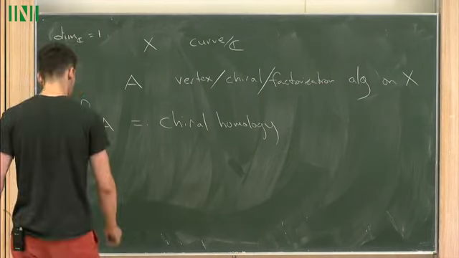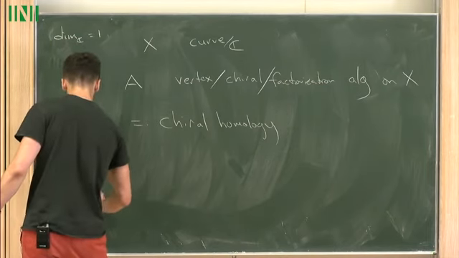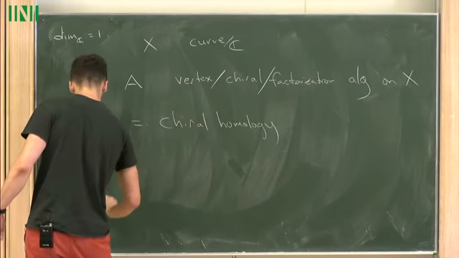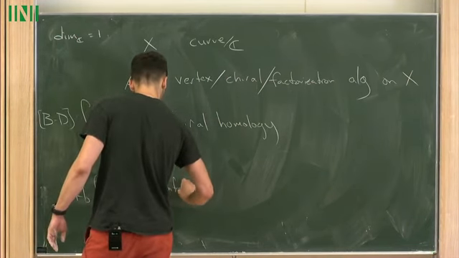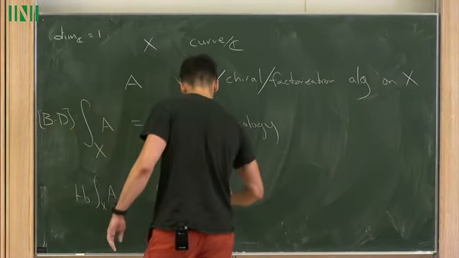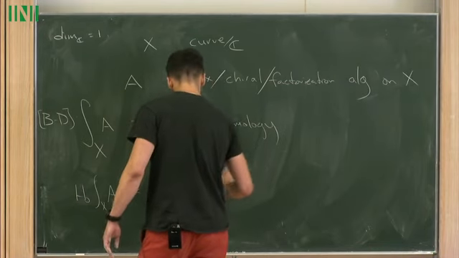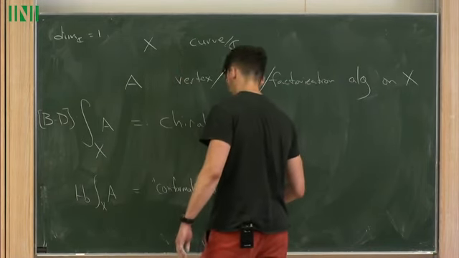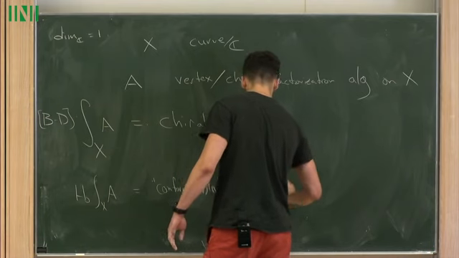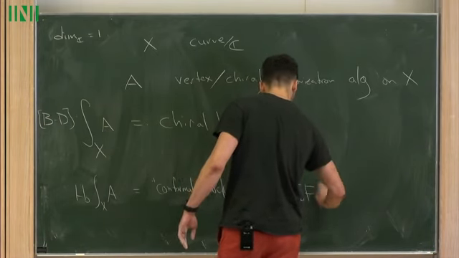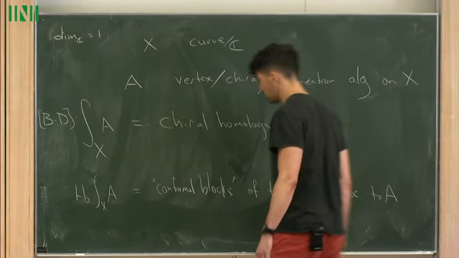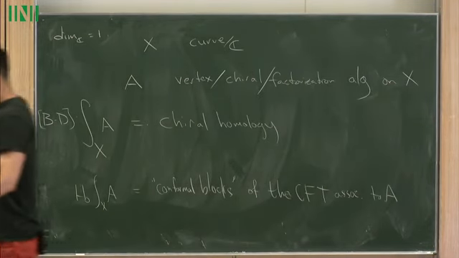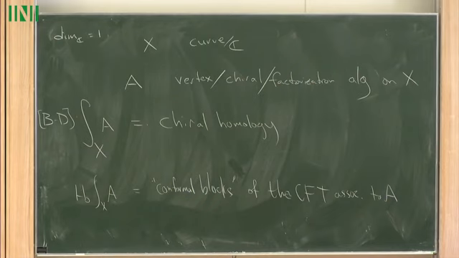However, it was related to things that people had considered previously, in that if you took H0 of this, then these were the conformal blocks, AKA correlation functions of the CFT associated to A. So it's the essential algebraic structure of the CFT.